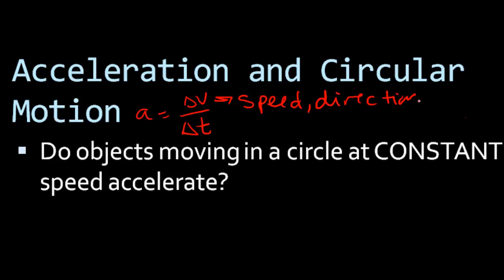And so if we change speed or direction, that means we are changing velocity, which means we are accelerating. Well, if we're moving at a constant speed, we know speed's out, we're not going to be changing speed. But if we're moving in a circle, we are constantly changing our direction, and so this would mean that we are accelerating. So things moving in a circle at constant speed can be accelerating, and that's what we're going to talk about today.